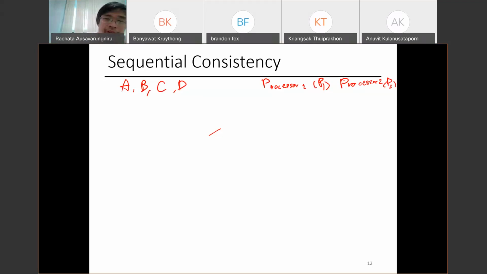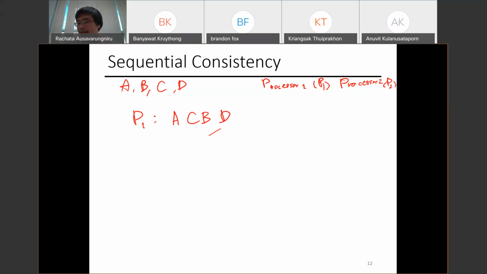What does sequential consistency mean? If processor 1 sees this sequence, A, C, B, and D, is that okay? My first question is, is this okay so far? I have four operations and I say processor 1 sees A, C, B, D. Is this okay by our definition? This is actually okay.